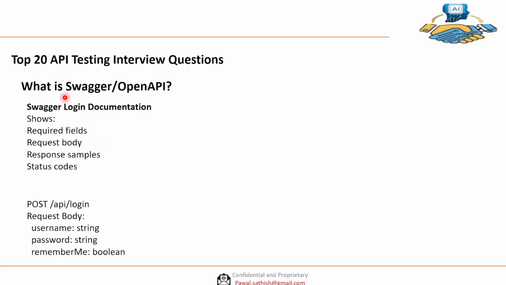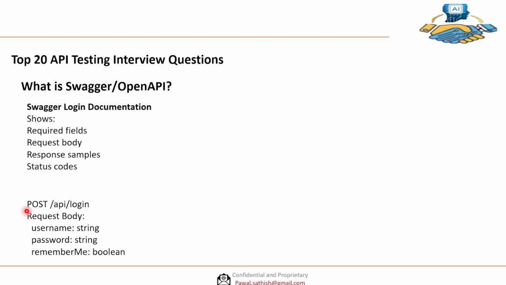Okay, then the last question is what is Swagger. Swagger is nothing but login documentation. It shows the required fields, the request body, the response sample and the status code. After that we can enter all these details.